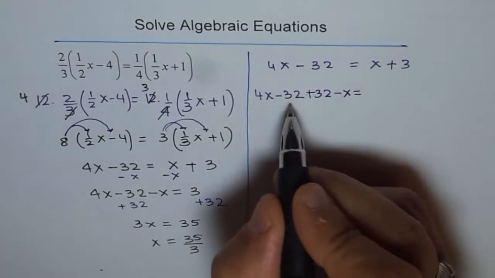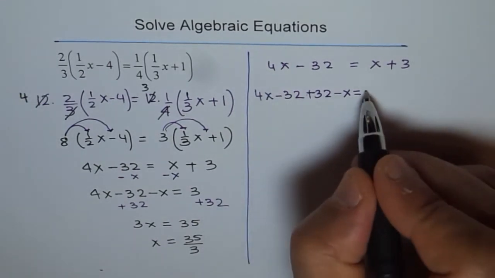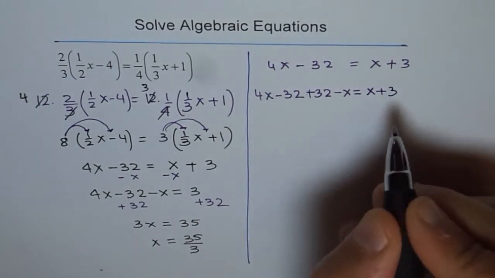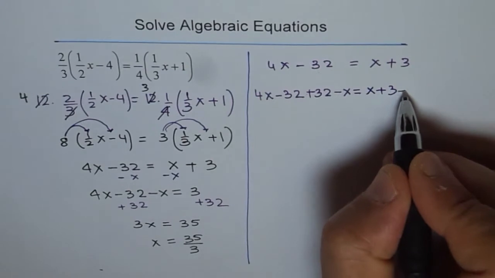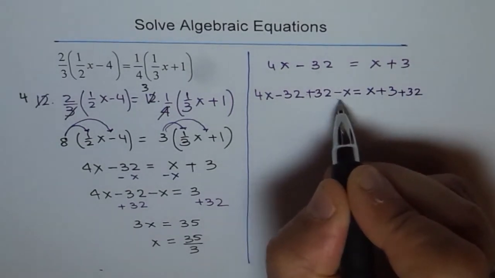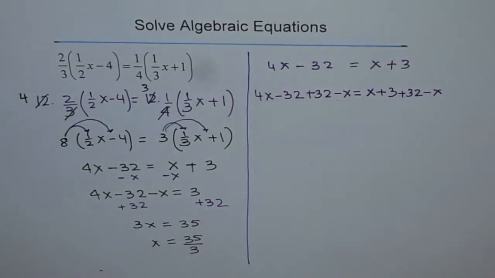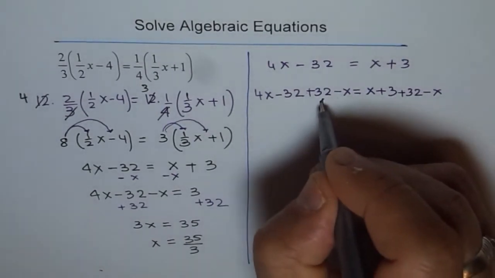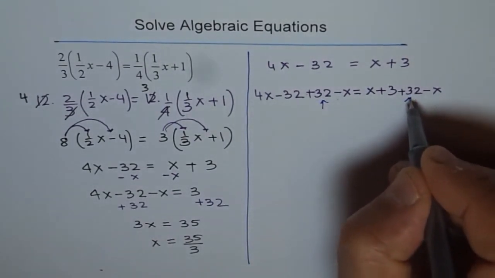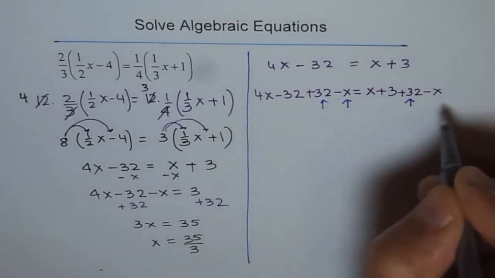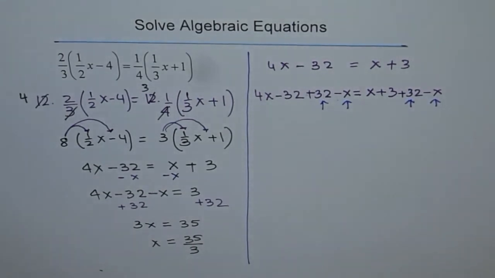Correct? Same thing we'll do on the right also. We have x plus 3, we'll do plus 32 and minus x. You see, we added these two terms on both sides, plus 32 and minus x. That is what we did.